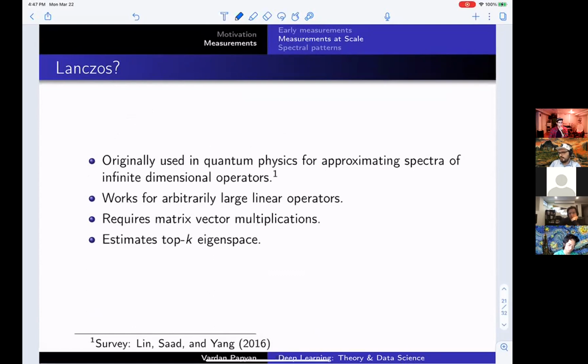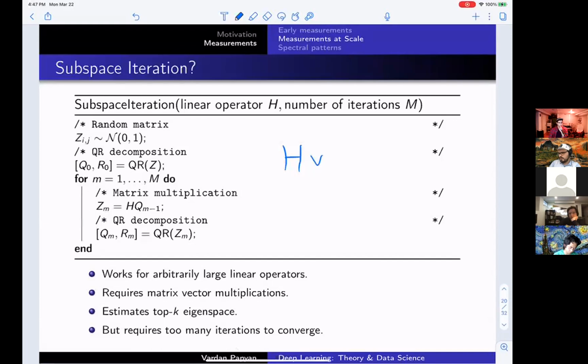There is no explicit K in the algorithm. K is inside the QR decomposition.